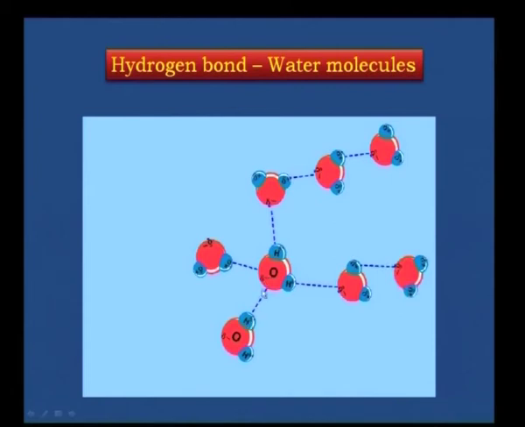The negative region is attracted by the positive region, that is the hydrogen bond, and a number of water molecules will come like this, and they give rise to the formation of ice, or the material goes to solid state. Water when condensed will become ice, right. Water when condensed at 0 degree centigrade will become ice. So, the formation of ice is because of that.